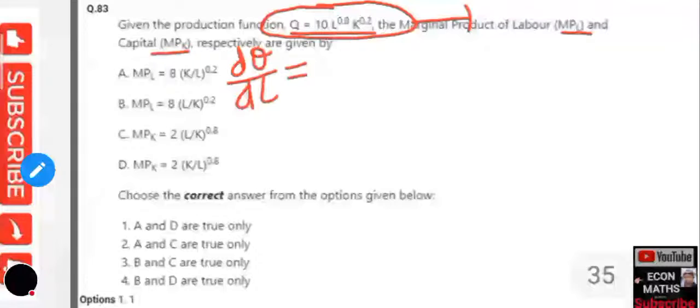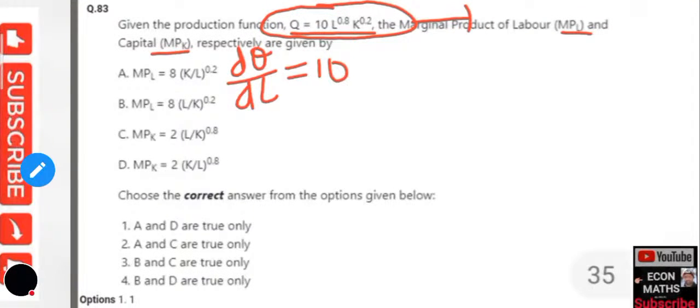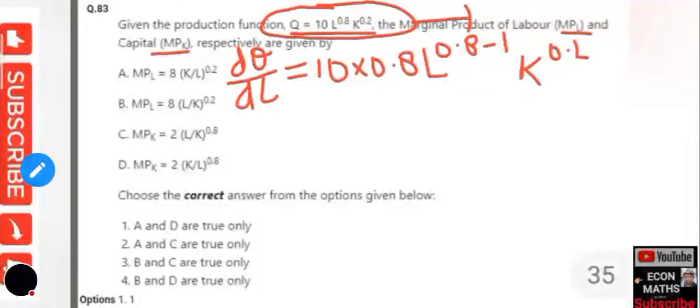Here we have 10, we write it as it is. Now, L to the power 0.8, its differentiation: 0.8 becomes the coefficient, L is the same and the exponent 0.8 is subtracted by 1, and we are with K to the power 0.2. We don't do anything to this K because we are differentiating with respect to L here.